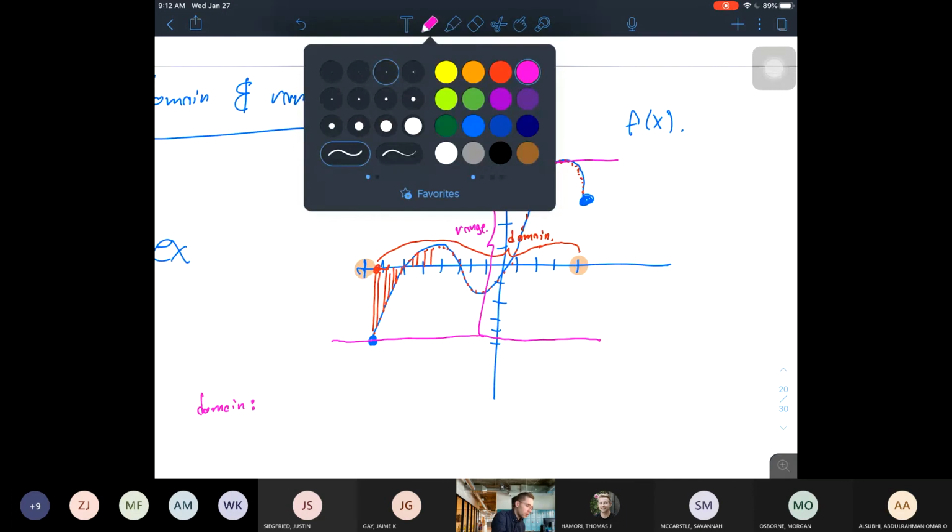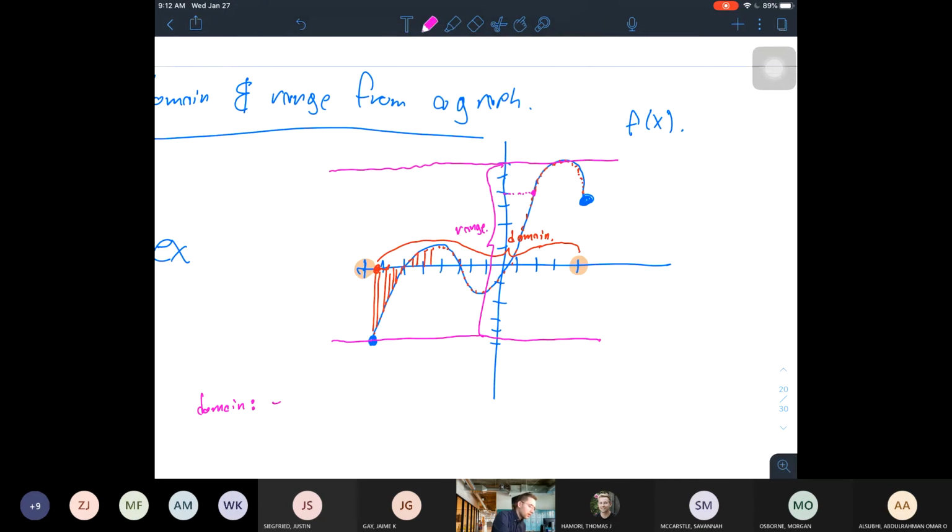So our domain would be -8 is less than or equal to x is less than or equal to 4, or x lies in the interval -8, 4.